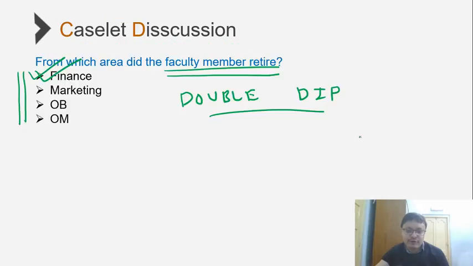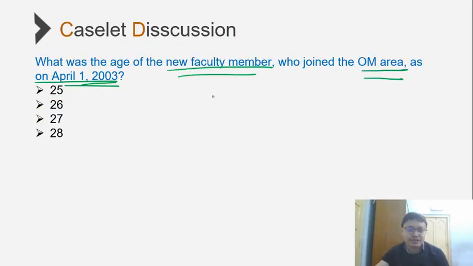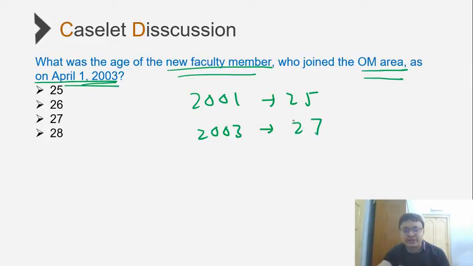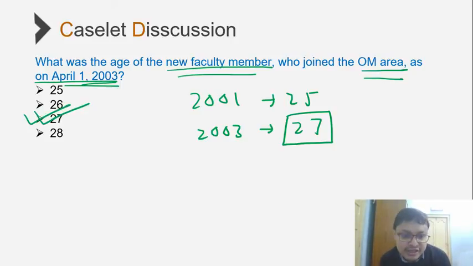So as on April 1, 2001, the age is 25. So as on 2003, the age will be 2 more, that is 27. Hence the answer is option C, that is 27.